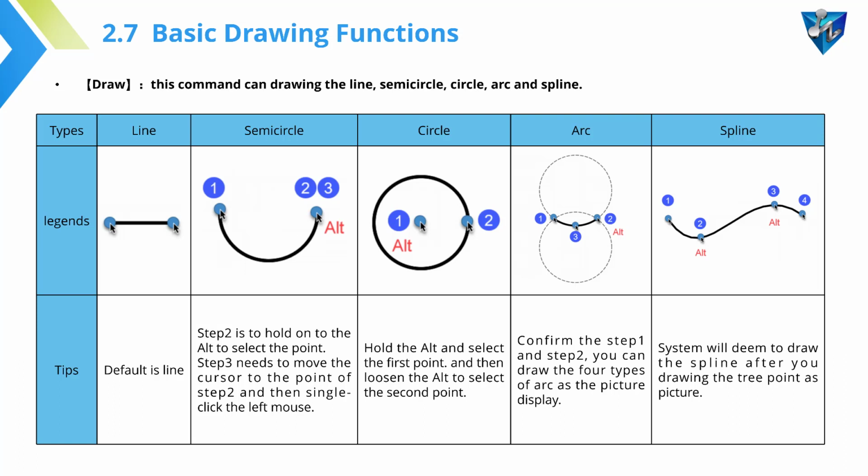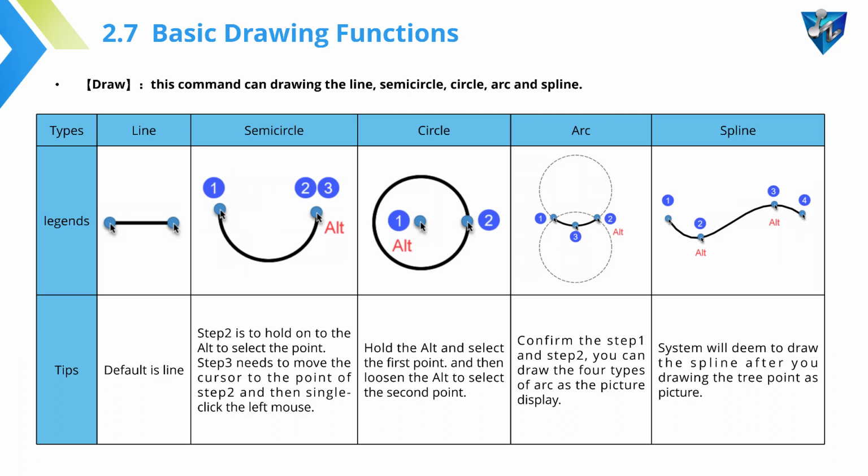If you want to create a circle, press Alt and click the mouse to define the first point, and then loosen Alt to define the second point. If you want to create an arc, click to select the first point, and then press Alt and click the mouse to select the second point. In step 3, loosen Alt and select the third point.